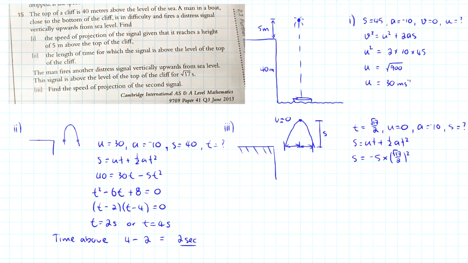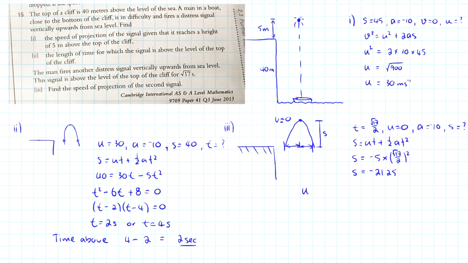Root 17 on 2 squared just turns into 17 on 4, which is nice, and then we divide by 4 and multiply by 5, and that gives us -21.25. Right, so remember that's the displacement from where we started, and we started at the top. So the actual height above the cliff that it reaches is 21.25 meters.